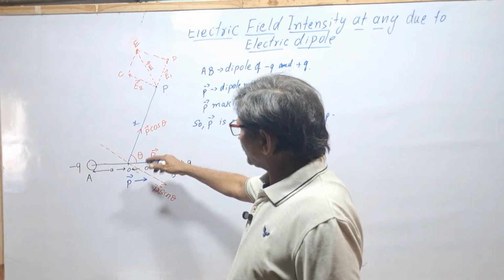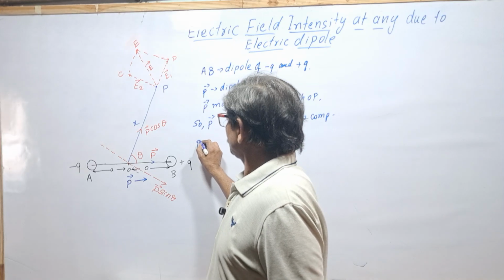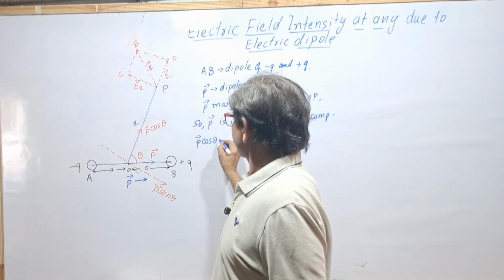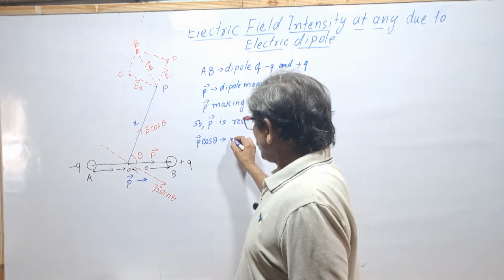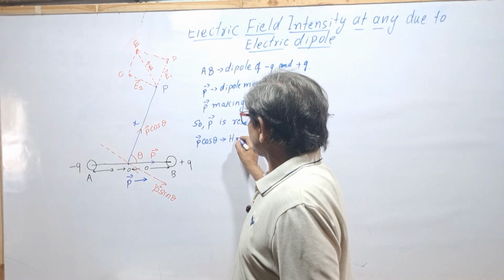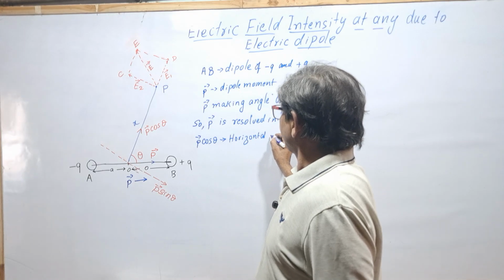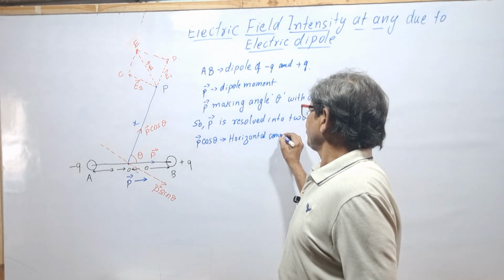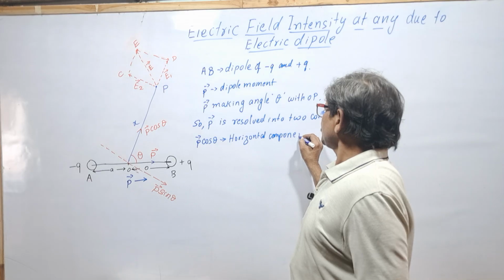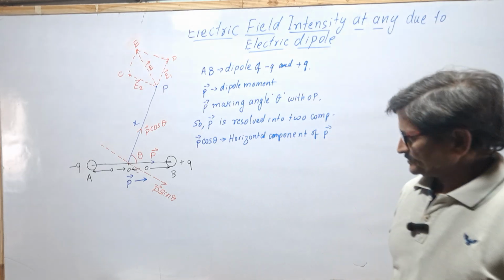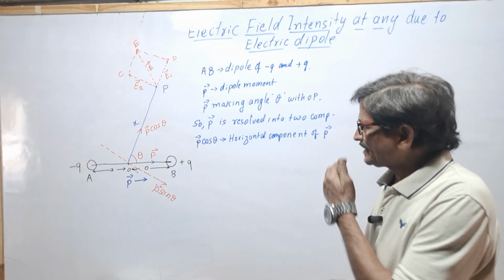One component is P vector cos theta, which is known as the horizontal component of the dipole moment P vector.